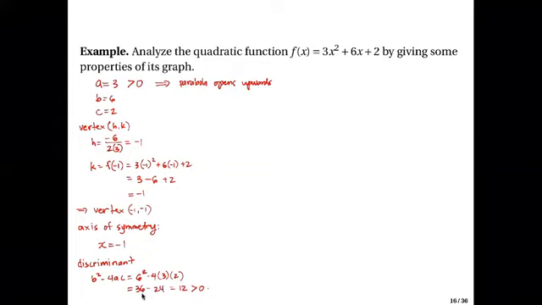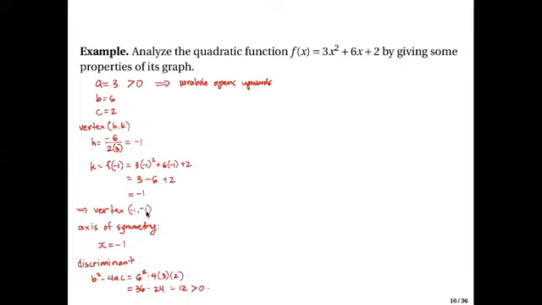Which means that the graph of the parabola should cross the x-axis. So a is positive, the parabola opens upwards. The vertex is at negative 1 comma negative 1.